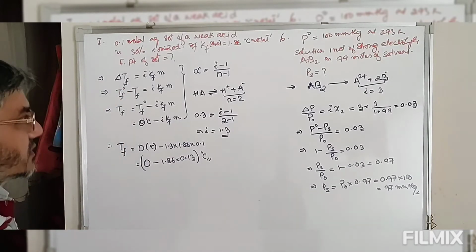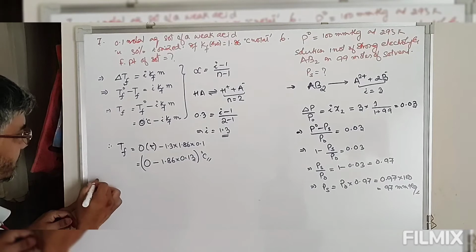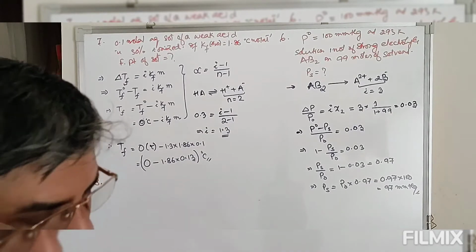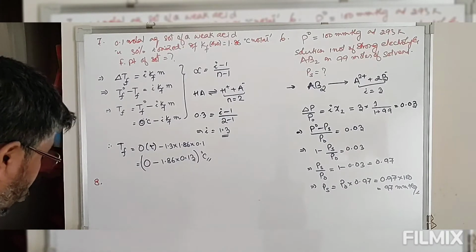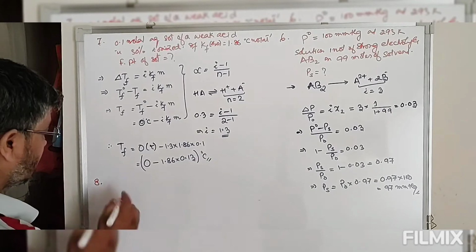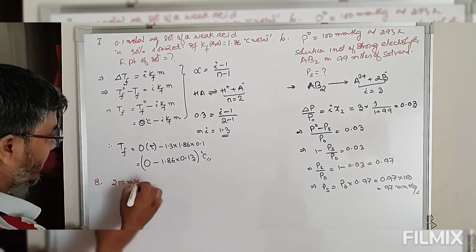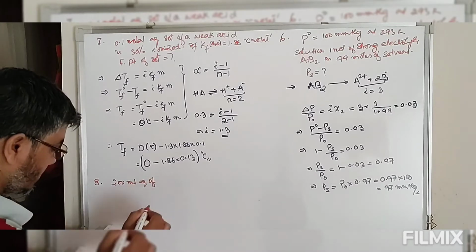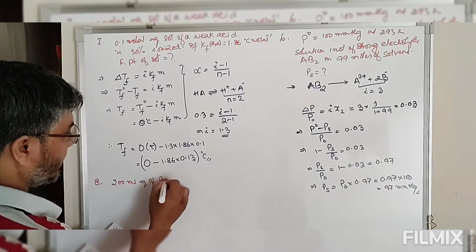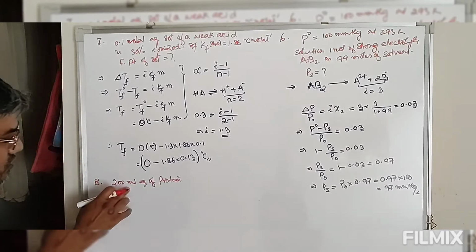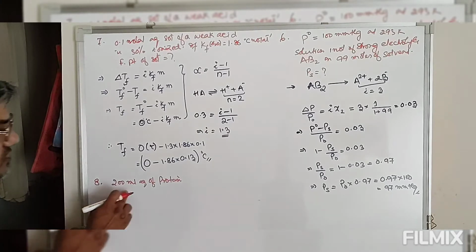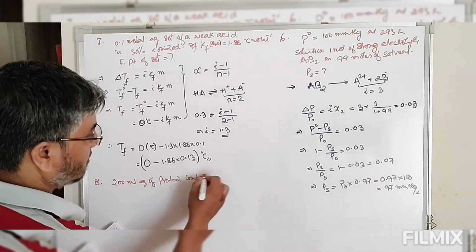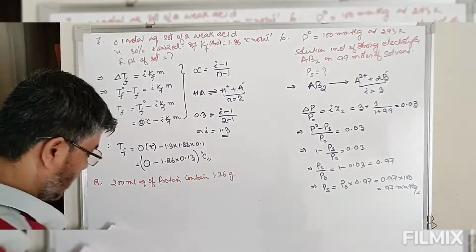So this is number 7. Now let's see question number 8. Question says: a 200 ml aqueous solution of protein contains 1.26 gram of protein.